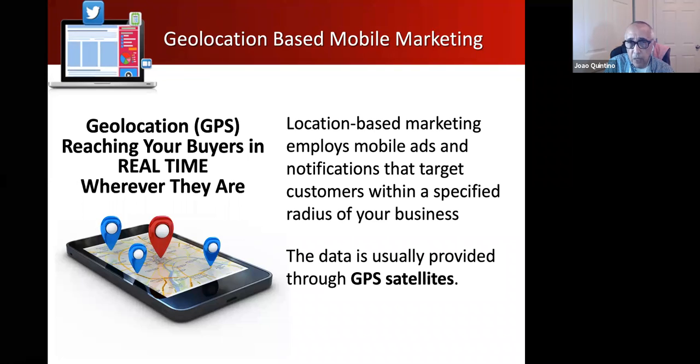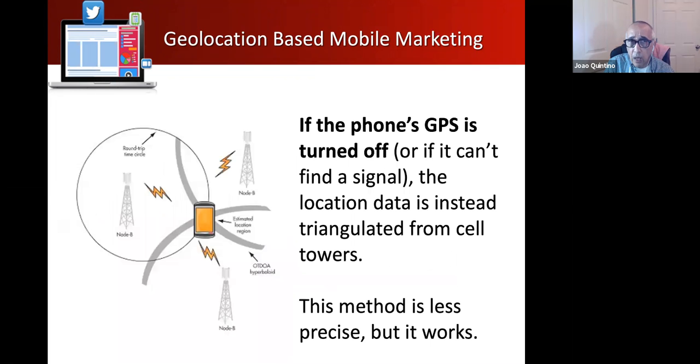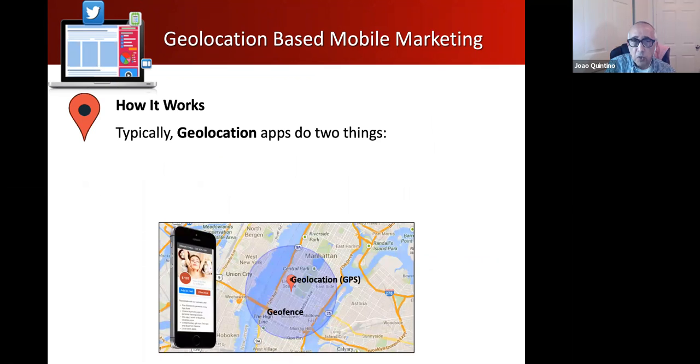But if you have your GPS disabled on your smartphone, companies can still locate you through triangulation of towers, where the towers pick up signals. So doing some triangulation, they can find exactly where you are. Not as precise as GPS, but it works as well. So usually this is what you do.